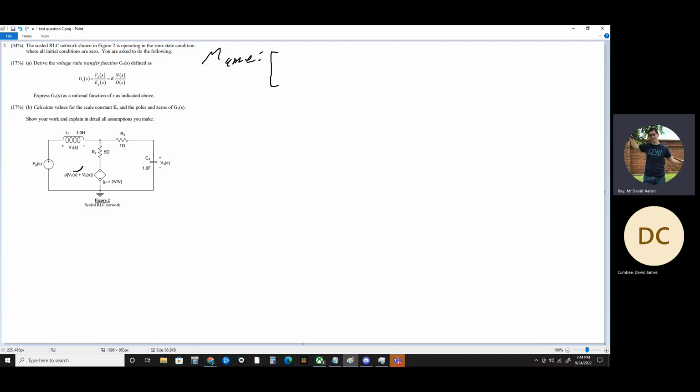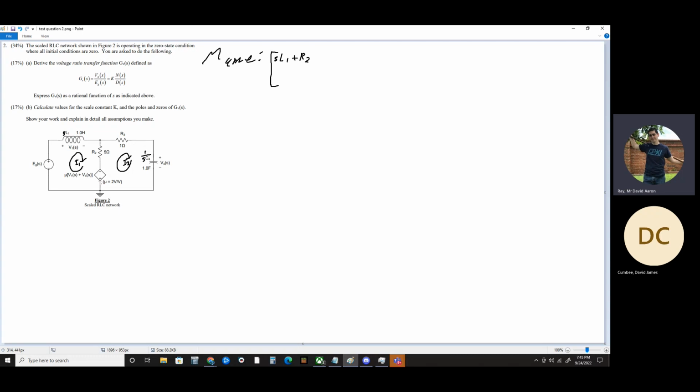Whenever we're forming the Z matrix, let me declare my I1 and I2. We go around this whole loop and we see L1. Let me convert everything to the S domain: SL1, R2, R3, 1 over SC4. For mesh, we look at our first loop, and we go around, we see EG, we see SL1. So SL1 is the first one we put up here in our top left corner. We keep going around, we see R2, and we'll add that in.